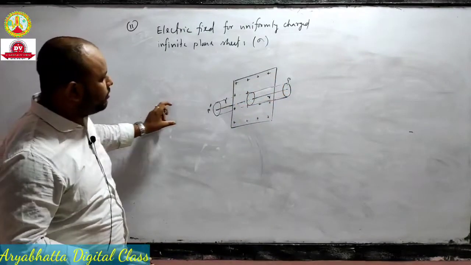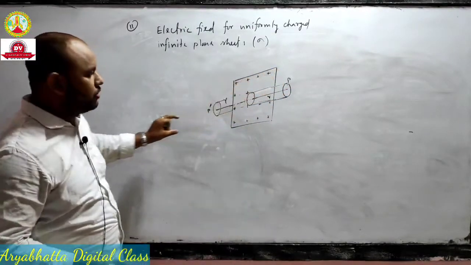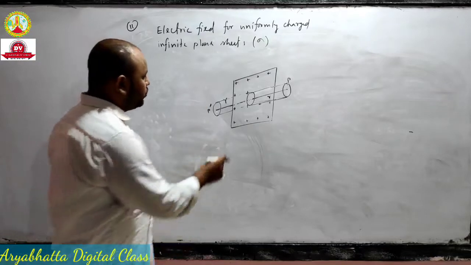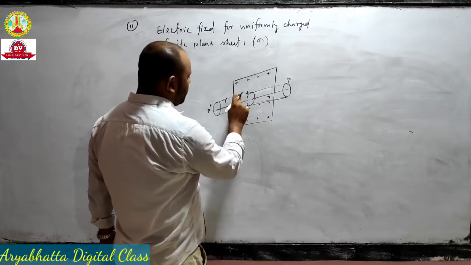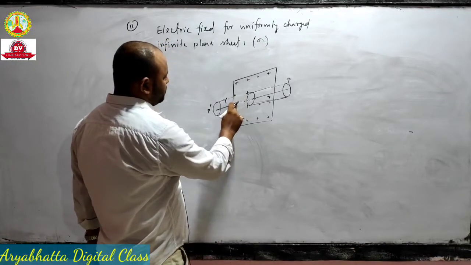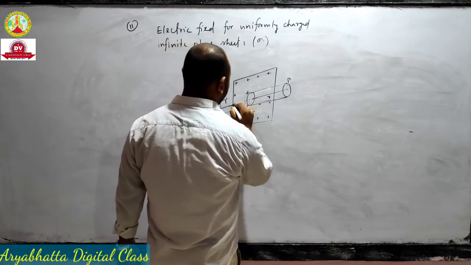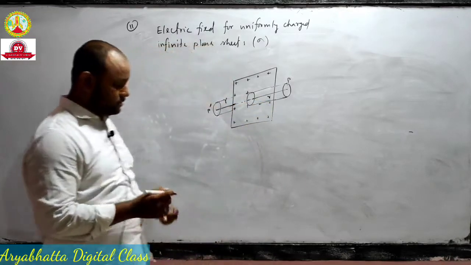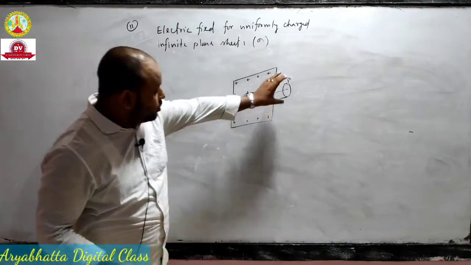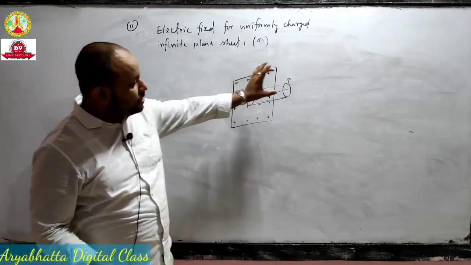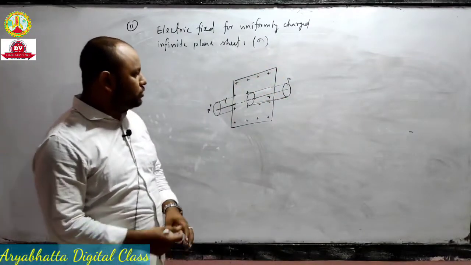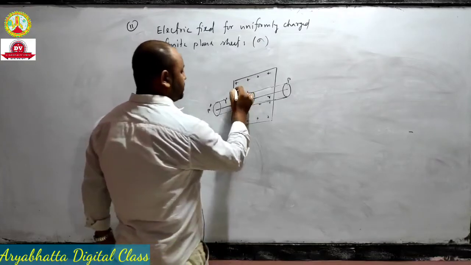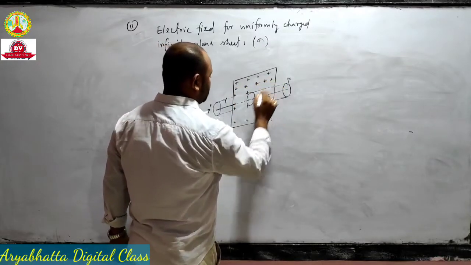We can imagine a cylinder which is passing through this plane sheet. This Gaussian cylinder is passing through this plane sheet.